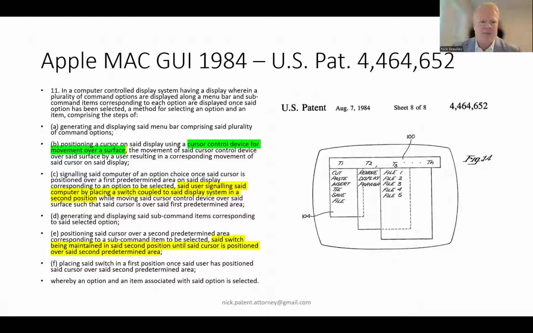So this patent, if you used a touch screen, you're not moving a cursor over a surface. And even back in these days, I remember the Centipede arcade game, and you have like a trackball. And so I think you're just kind of rolling a ball. So I don't even think rolling a ball necessarily would be moving a device over a surface.